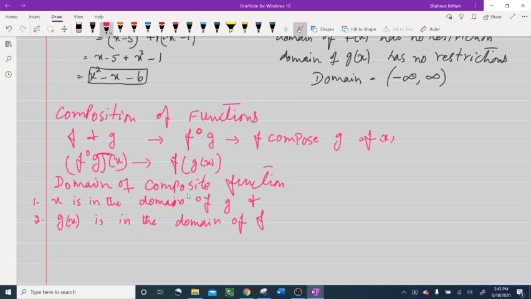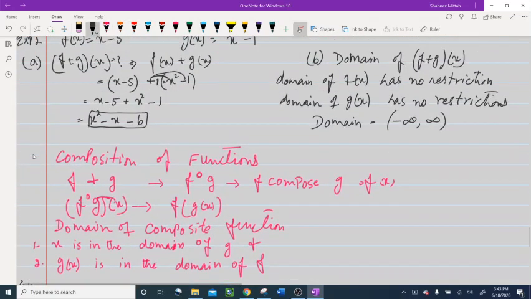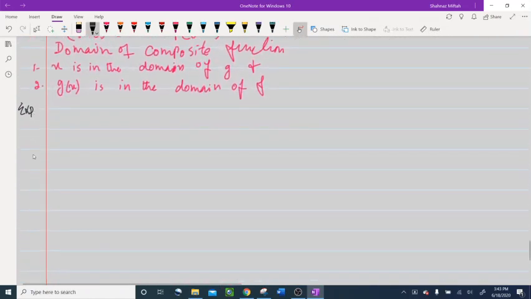Let's do that. Now let me give you an example for this. This is example number, what number? I forgot. That's example 2, then this is example 3. The f of x function that I have is equal to 5x plus 6. The g of x function is given, which is 2x squared minus x minus 1.